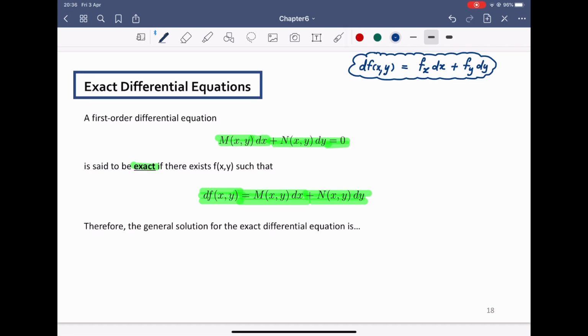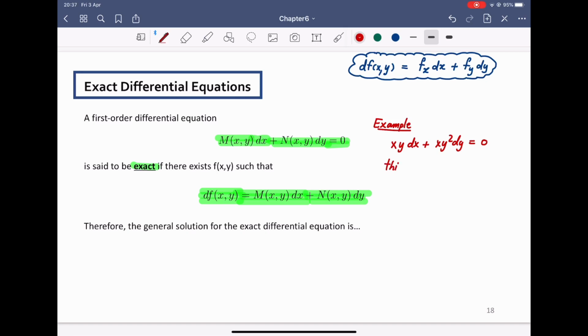Because the definition is so abstract, I will show you an example. So let's think this way. Suppose that we have a differential equation xy dx plus xy squared dy equal to 0. This is indeed a differential equation in the form M dx plus N dy.